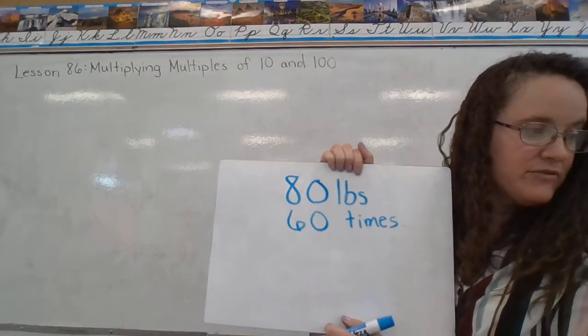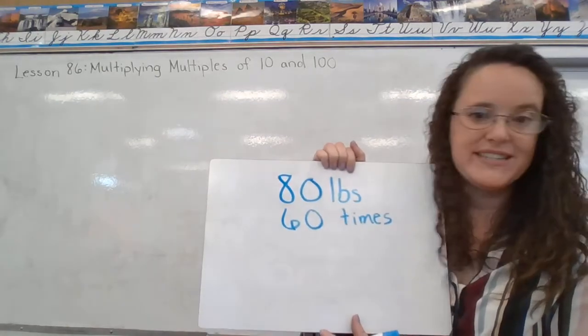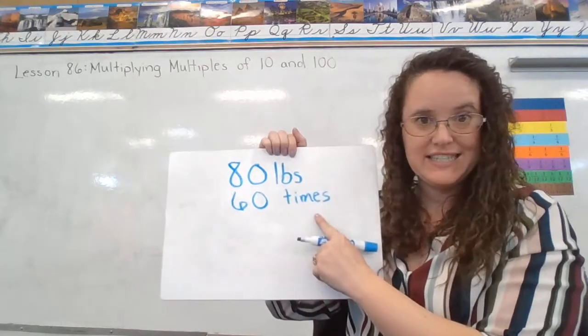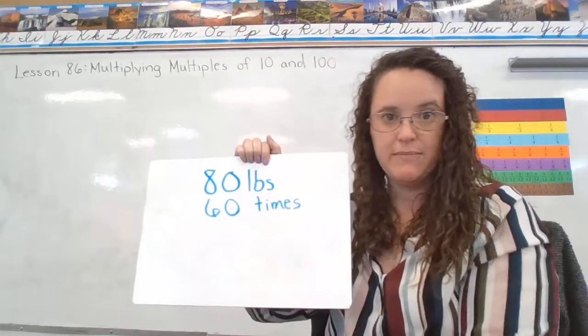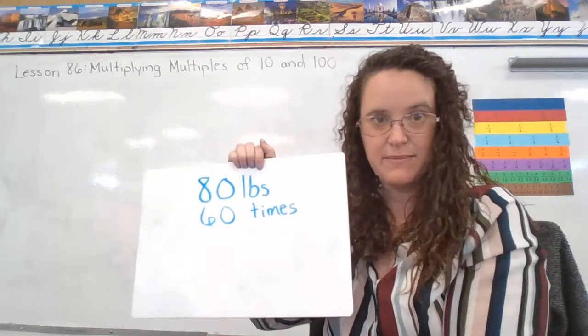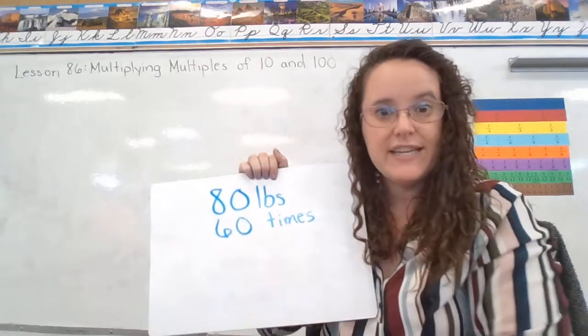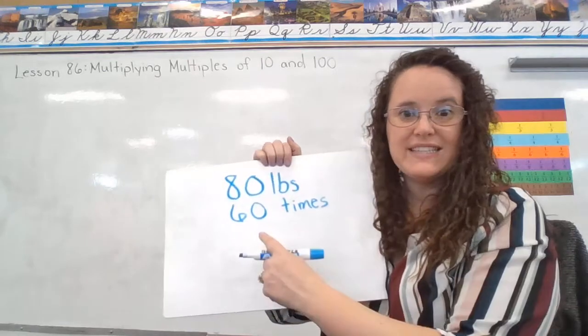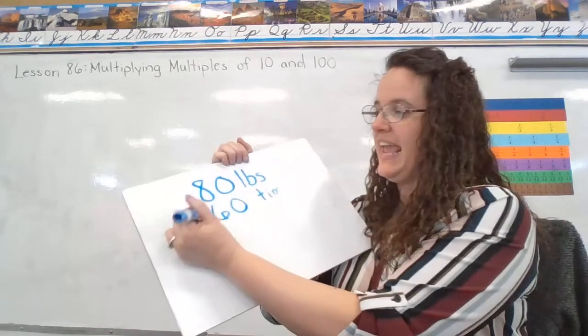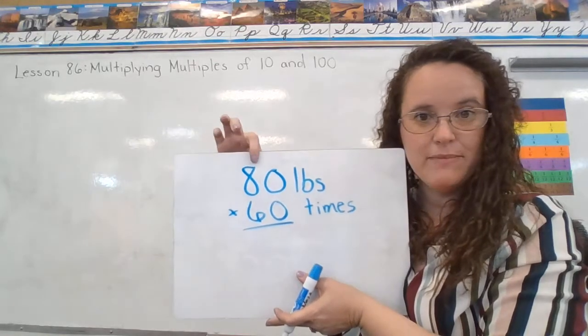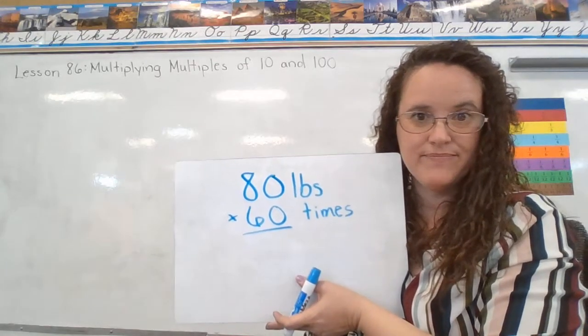How many pounds of weights did the players lift all together? So they did it 60 times, which means the first time they lift 80 pounds, the second time they lift 80 pounds, the third time they lift 80 pounds. We need to multiply here. We've got 60 groups of 80. So we're multiplying times multiples of 10.